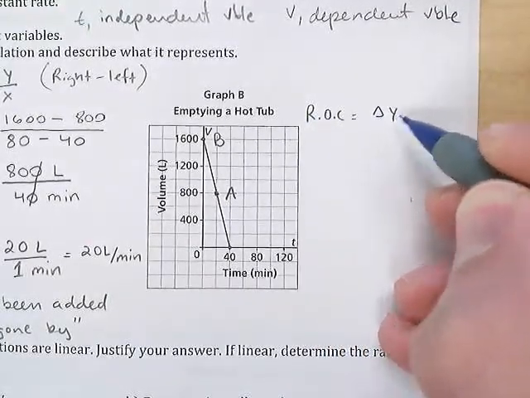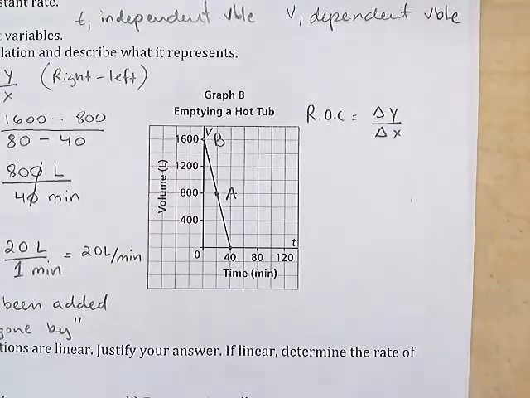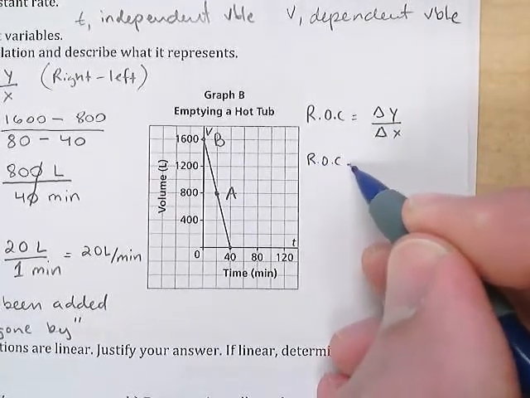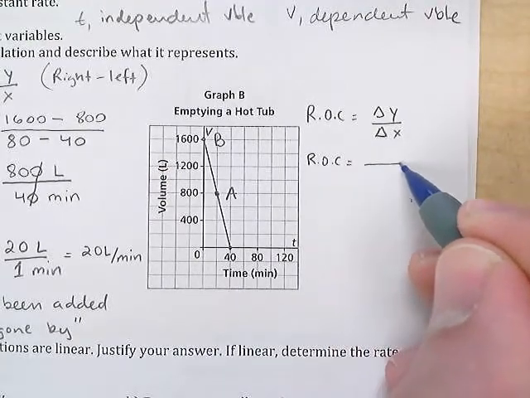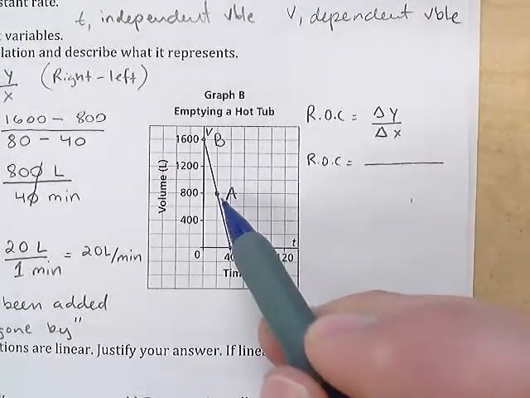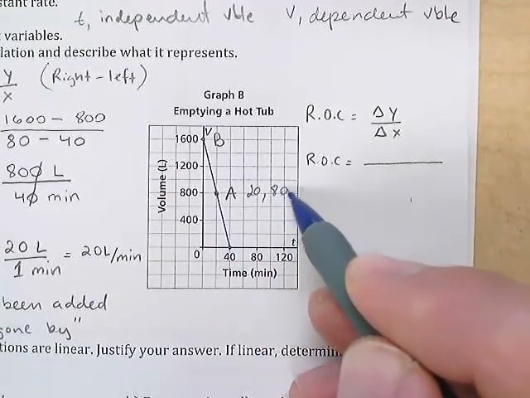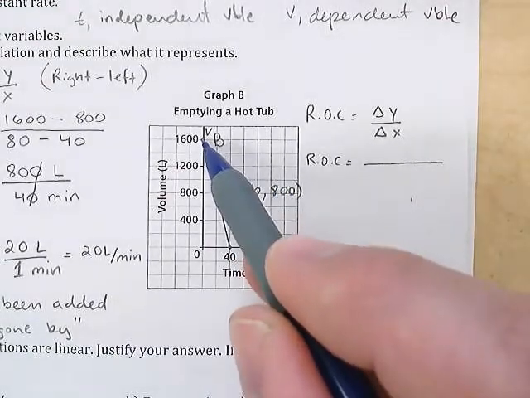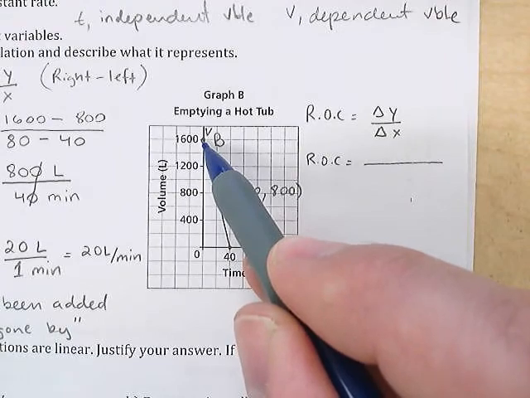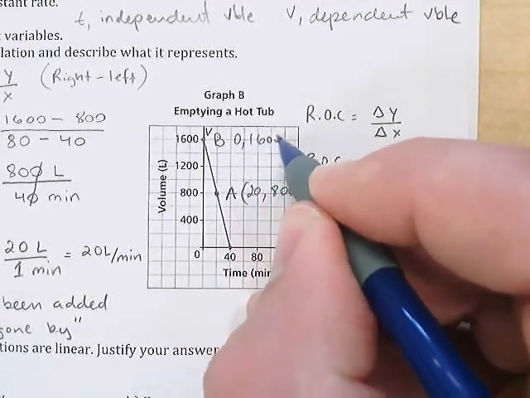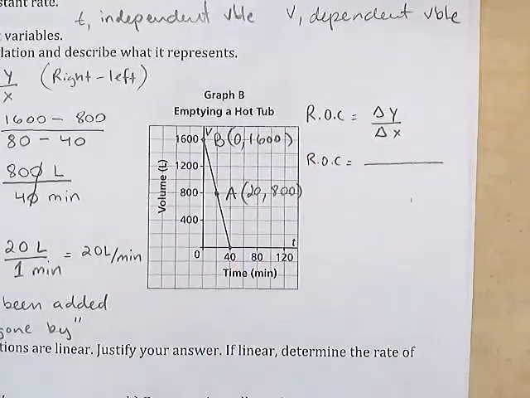That's the change in Y over the change in X. Let's come up with the coordinates first. This point right here would be 20, 800. This point right here would be 0, 1600. Okay, those are the coordinates.